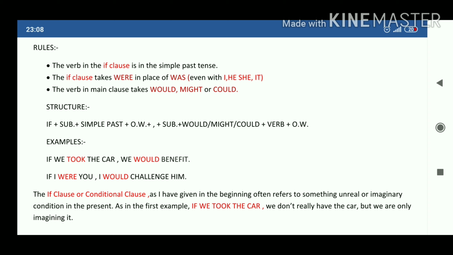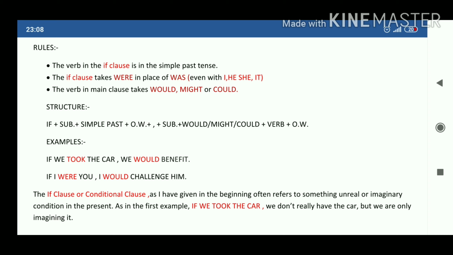I have given you two more examples. First one, if we took the car, we would benefit. In this sentence, if we took the car is the if clause and we would benefit is the main clause. I have highlighted took in the if clause and would in the main clause. Took is the second form of take.